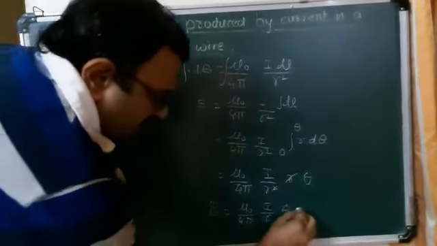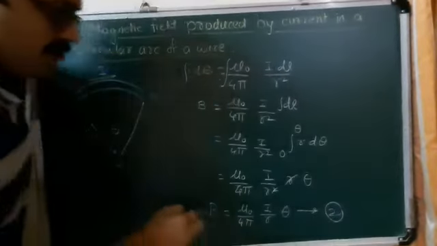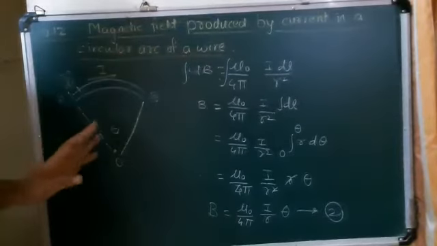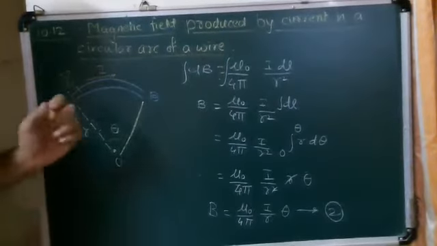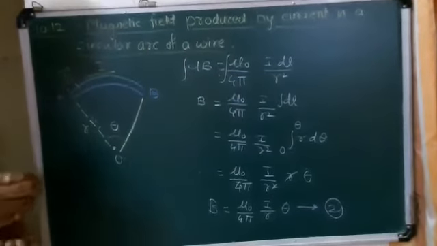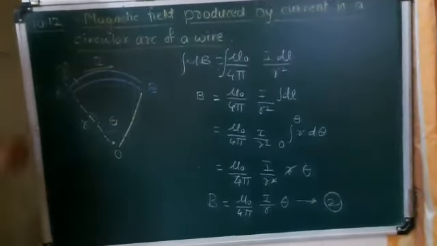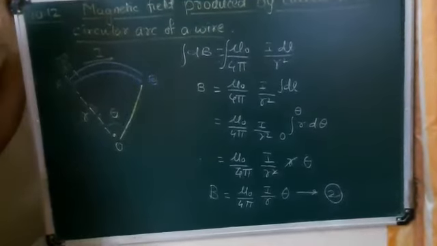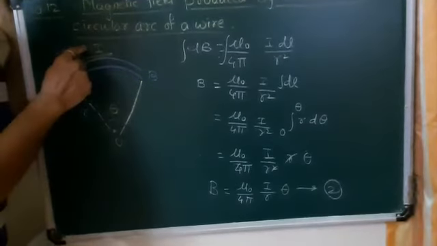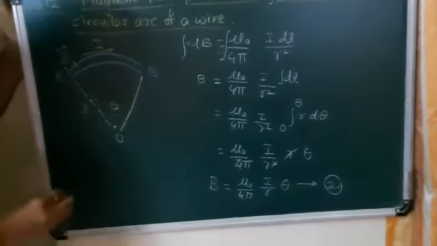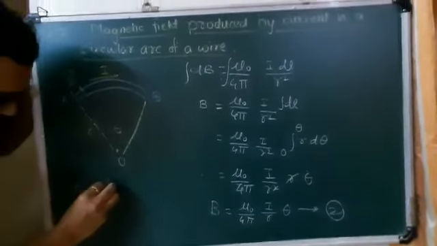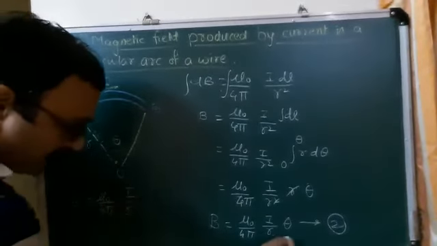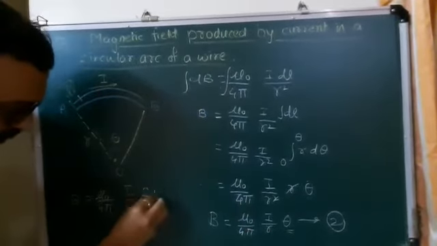This is the magnetic field of induction produced by the current carrying wire at this arc. Now we determine the magnetic field of induction at the center of this arc, the center of the circular current carrying wire. The current will be I, then this equation is modified as B is equal to mu 0 upon 4 pi into I upon R. The value of theta will be 2 pi.